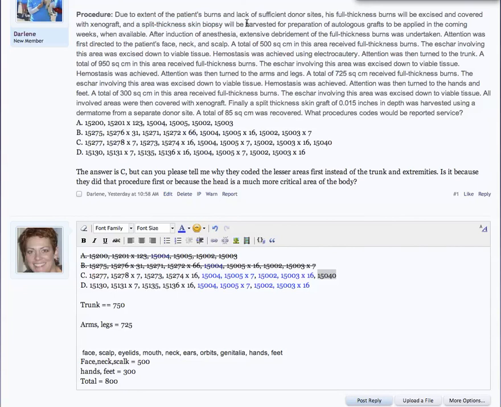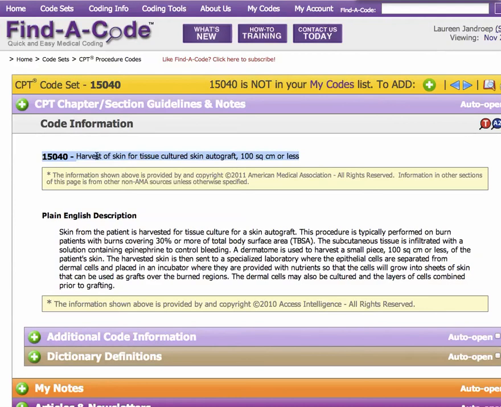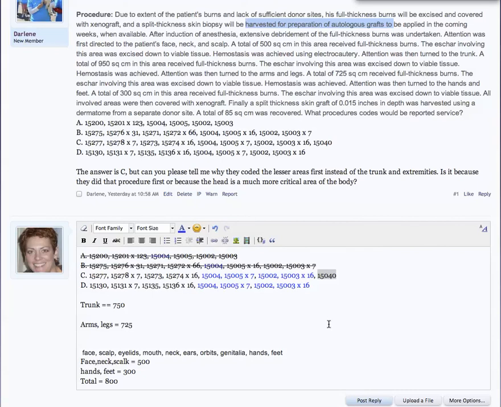They harvested for prep of autologous grafts to be applied in the coming weeks. And that's what this is. It's harvesting. So we do need 15040. So right now, if I was taking the exam, I would stop and I would say the answer is C. I'm going to cross off D and go with answer C. And it is. Okay.